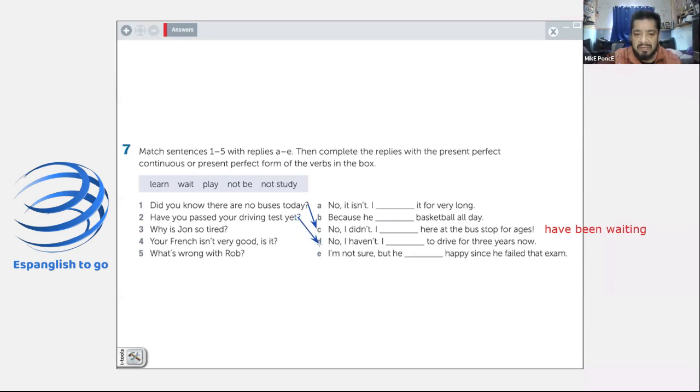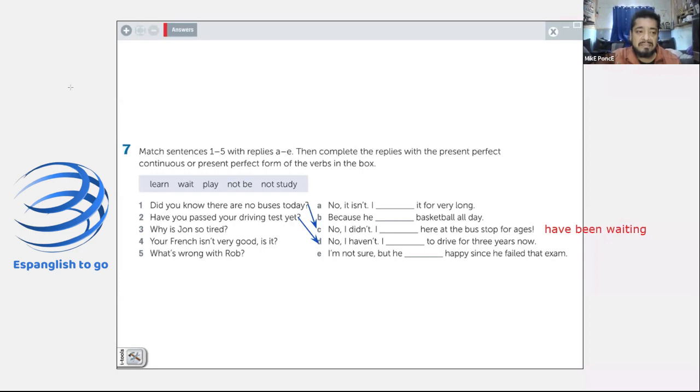So no, I haven't, because haven't is the negative auxiliary for the present perfect tense, and the question is in present perfect, so I suppose the answer must be in present perfect. No, I haven't. I've to drive for 3 years now. So no, the person hasn't passed.